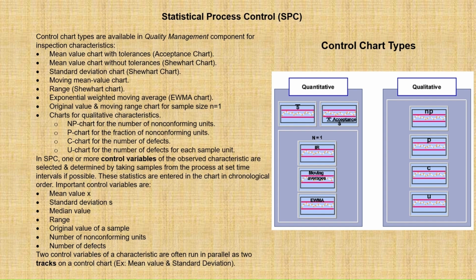If it is measurable, the chart which is drawn will be different, and if it is not measurable, then the chart will be different. You can generate an X chart or S chart for a quantitative MIC, and for a qualitative MIC we generate a C chart, U chart, and P chart.